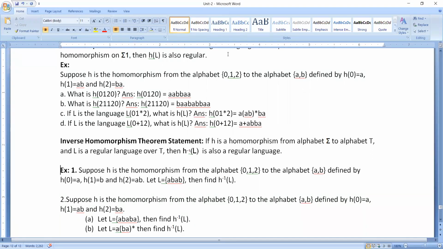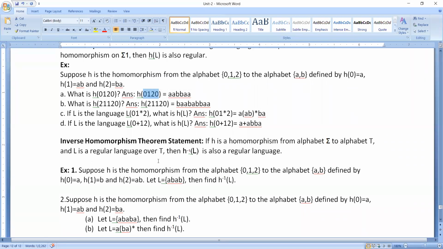In the case of homomorphism, we are given input in the form of zeros and ones, and we generate the output in terms of symbols belonging to the language L. But in the case of inverse homomorphism, you are given input in the form of strings belonging to the language L, and we need to find the corresponding string in terms of the alphabet belonging to the homomorphic string.